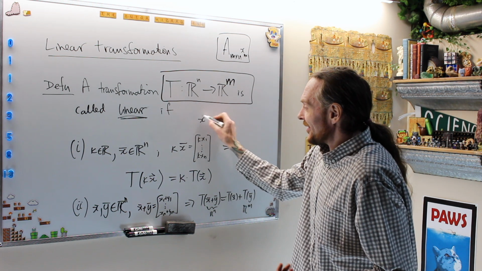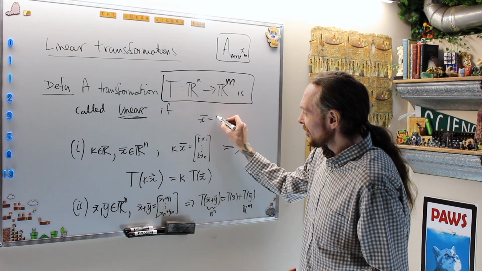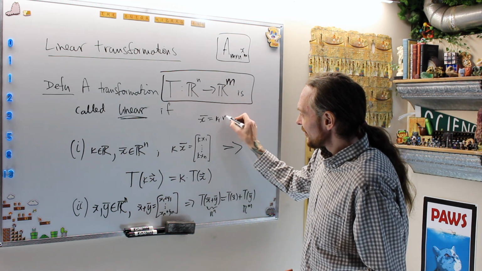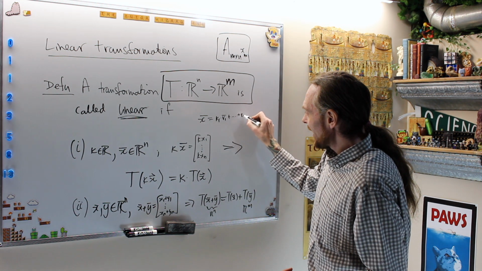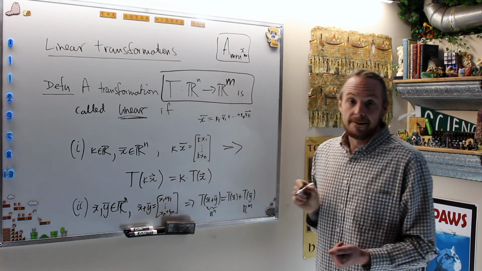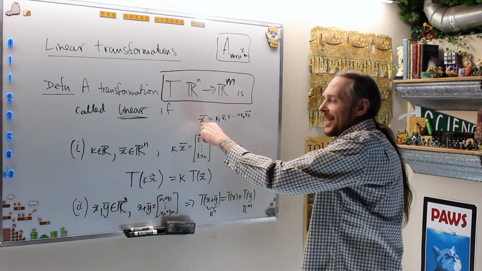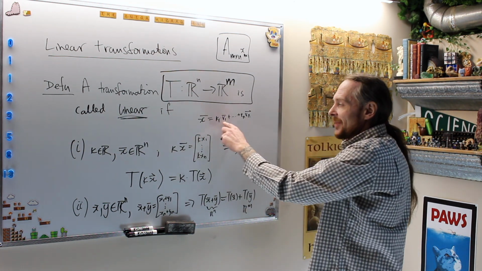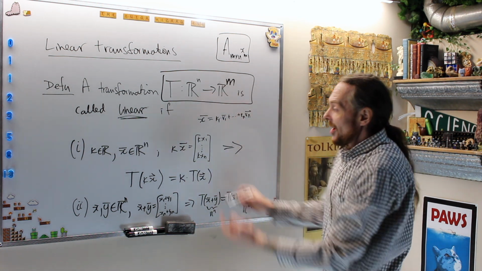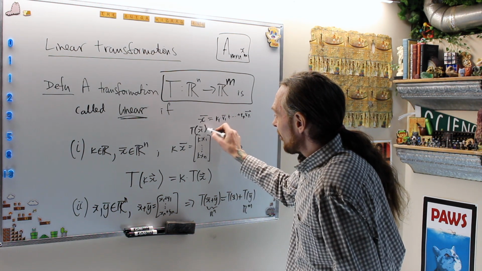Through a basis with scalar multiplication: k1 times v1 plus dot dot dot plus kn times vn. And then if I want to know how an operator moves every point in space, it can be described by these guys. And then watch what happens. T of x will be what?